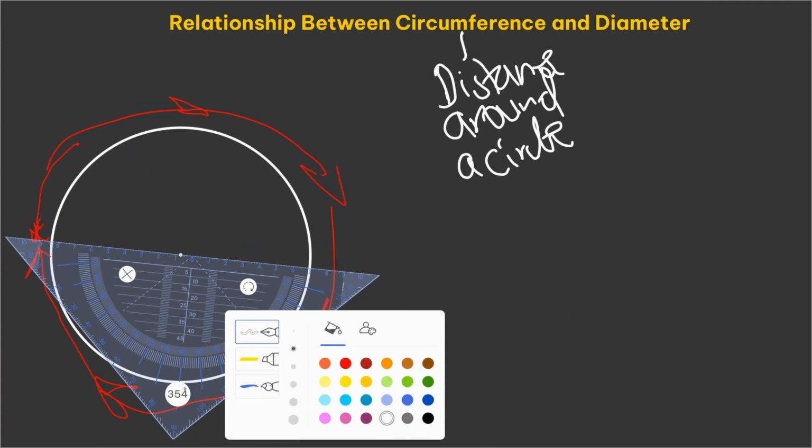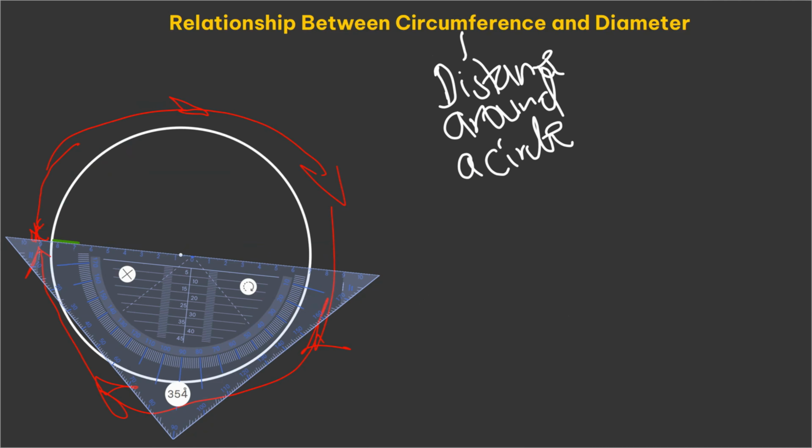Or let's change the color. Which color here? Let's just use this one. So we are going to draw a straight line from one end of a circle to the other end, passing through the center. Not good at drawing, but this is the line.